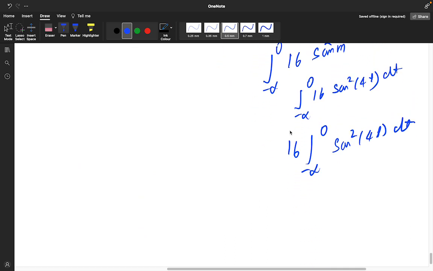From basic class 12 we know that an even signal can be integrated from minus infinity to 0 or 0 to infinity. So if you want to make it infinite, you need to divide by 2. Now it becomes minus infinity to infinity, 16 divided by 2, sampling square 4t into dt.